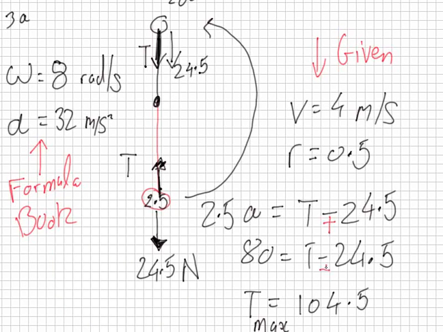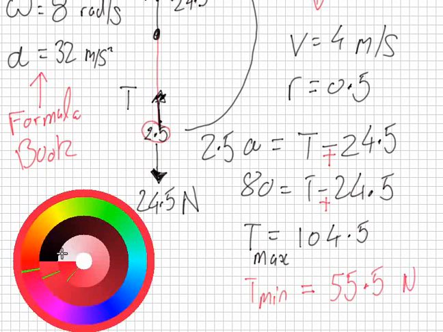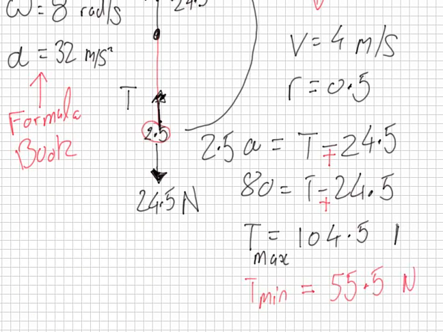So everything is exactly the same, except the sign changes from a minus to a plus, which means T min would be 80 minus 24.5. What is that? 55.5 newtons.